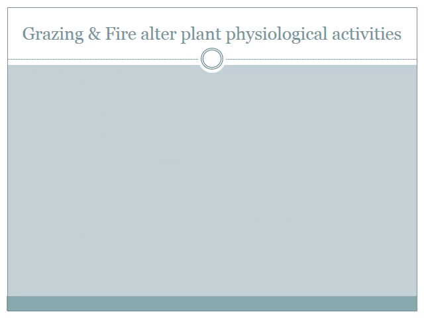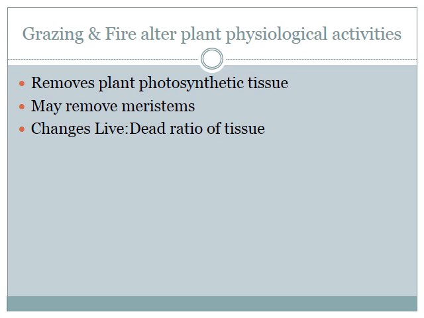So putting all that together and start to think now about grazing and fire, how those actions affect plant physiology, will give us some insight into how plants respond. First of all, grazing and fire removes photosynthetic material. So if you start to graze a plant, or if a fire comes through, or mowing, you remove photosynthetic material.